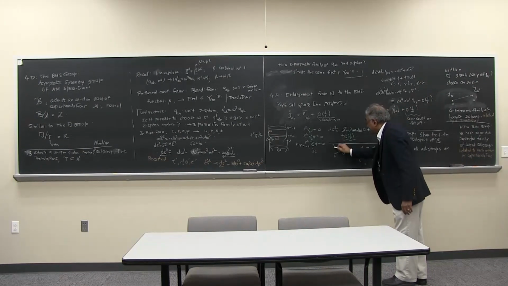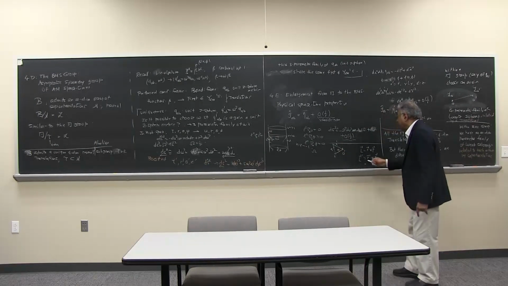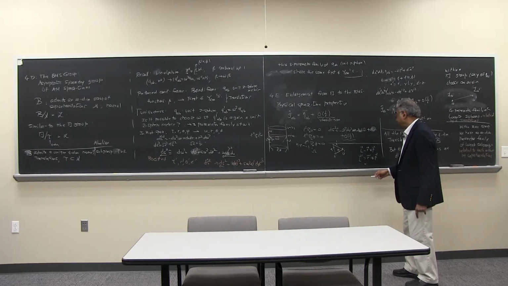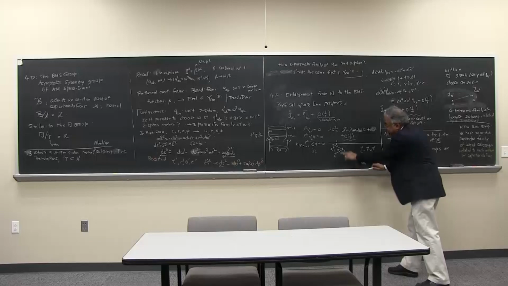But if this is the r coordinate and this is the r prime coordinate, given any point, then r is equal to t plus r prime, and therefore r prime is r minus t. So we just substitute here, right?